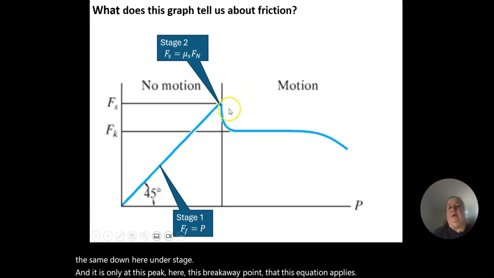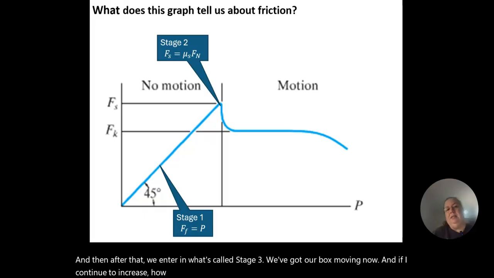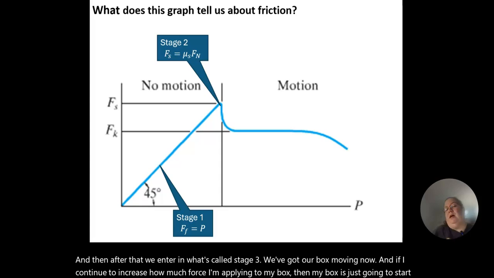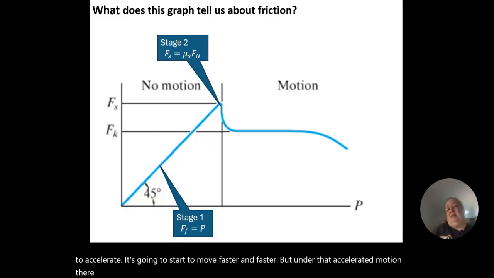And then after that, we enter in what's called stage 3. We've got our box moving now, and if I continue to increase how much force I'm applying to my box, then my box is just going to start to accelerate. It's going to start to move faster and faster. But under that accelerated motion, I still have friction. Friction's still resisting me. I can feel it in my hands as I'm pushing on my box.